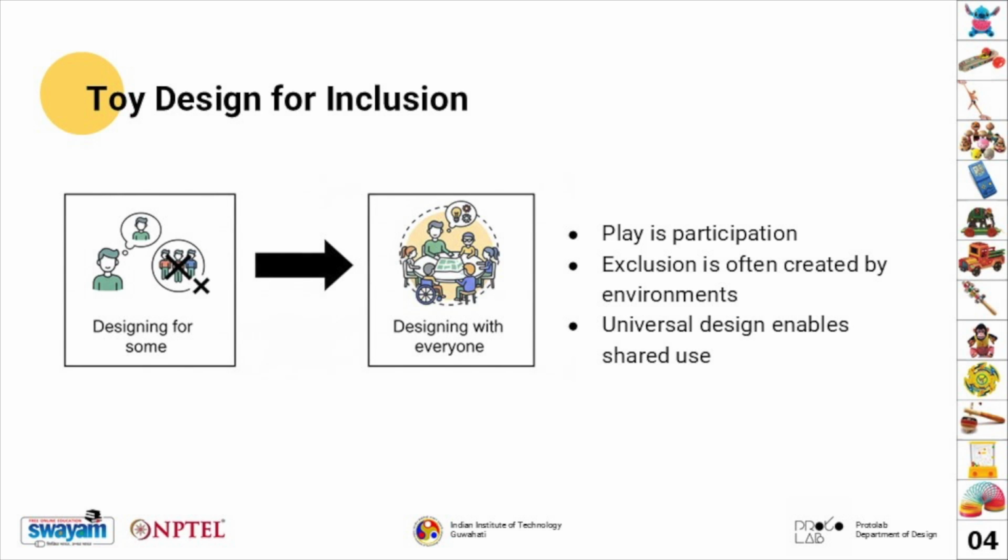If a toy only works for one type of user, the toy creates exclusion. Universal design, therefore, does not start with limitation. It starts with participation. We are not designing special toys. We are designing shared play experiences.